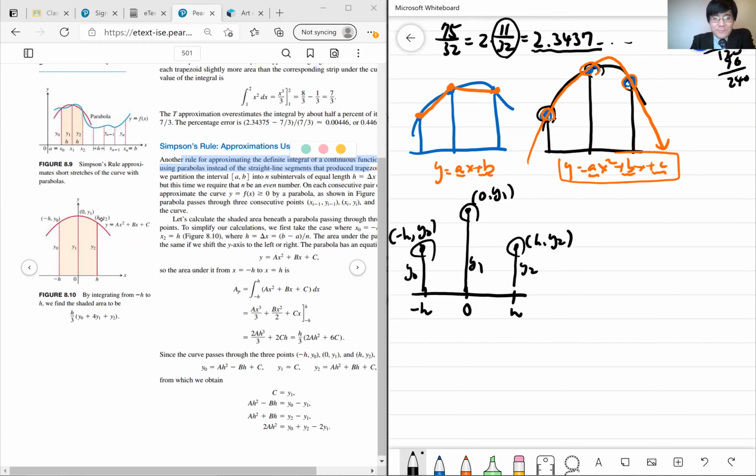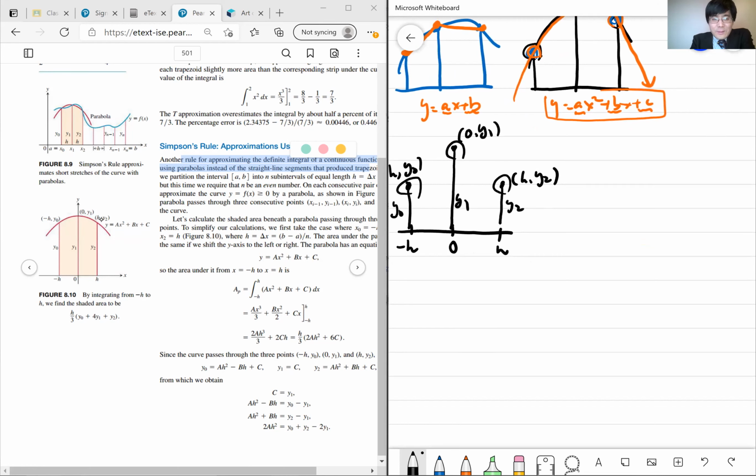Let's find it. Let's say the function is a parabola, so y is equal to ax squared plus bx plus c. Passing through negative h comma y0, we get y0 is equal to h squared a minus hb plus c.